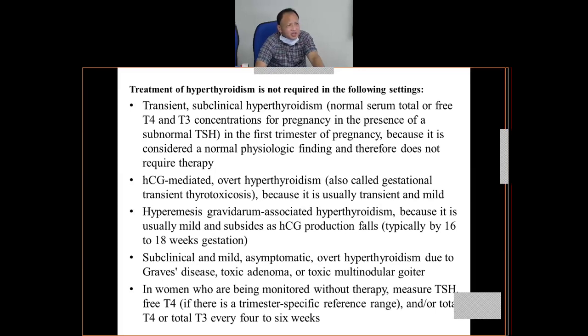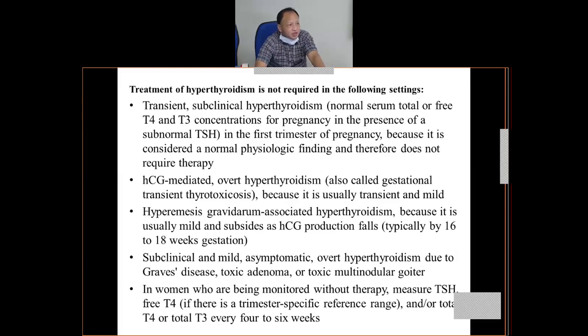Treatment of hyperthyroidism is not required in the following settings in pregnancy: transient subclinical hyperthyroidism, normal serum total or free T4 concentration for pregnancy in the presence of a subnormal TSH in the first trimester, because it is considered a normal physiologic finding and therefore does not require therapy.